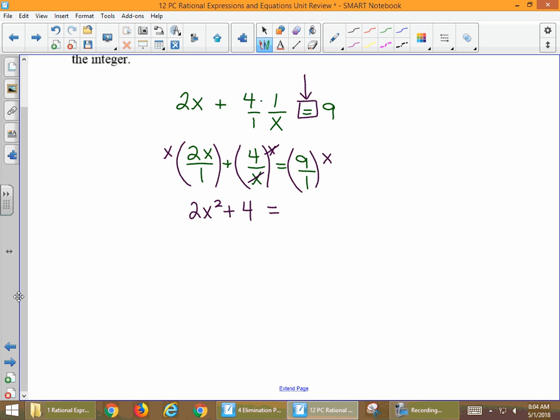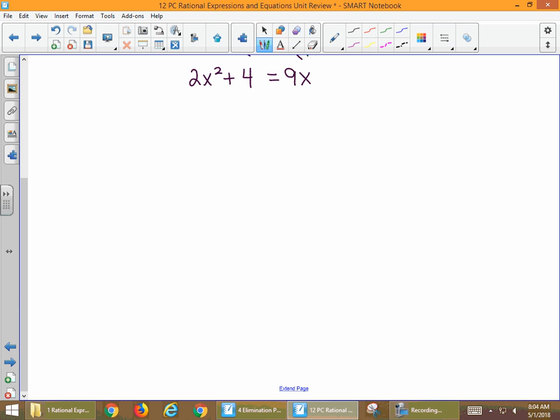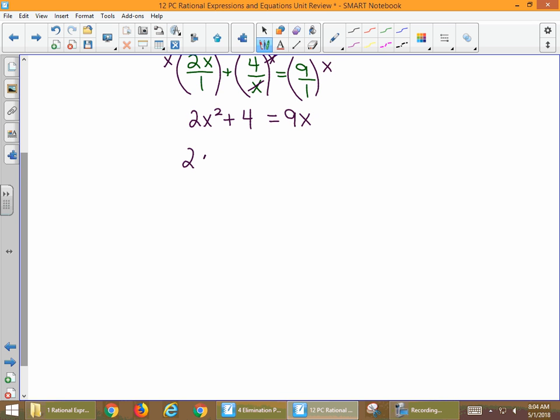And on the other side of the equal sign, I don't have the denominator to cancel, so I need 9x. Just like the last problem, we need to bring that 9x over so that we can factor, or quadratic formula, if you would like. Subtract that 9x over.